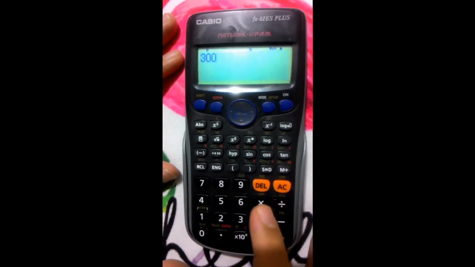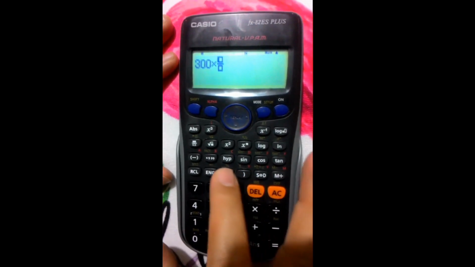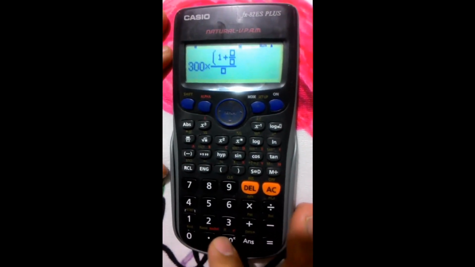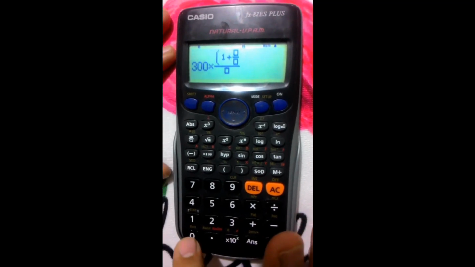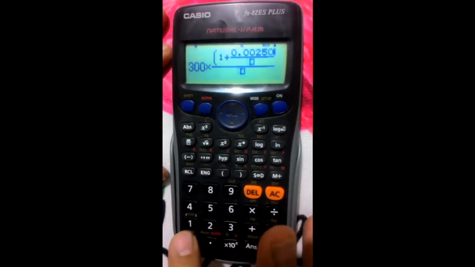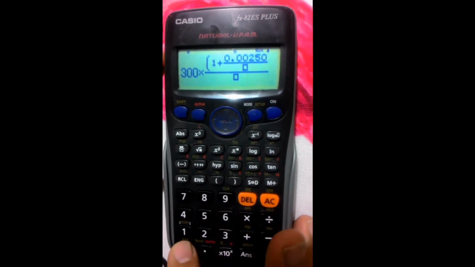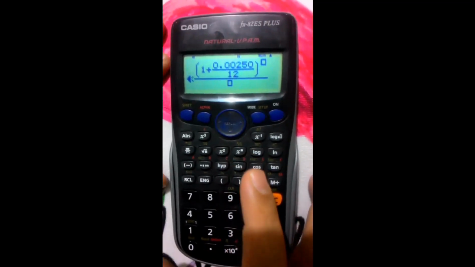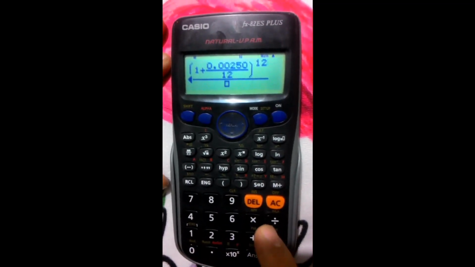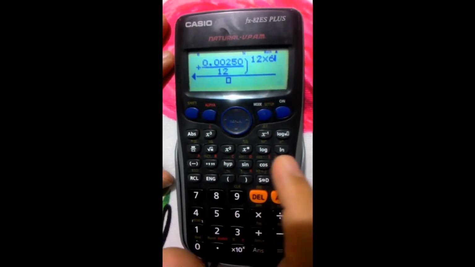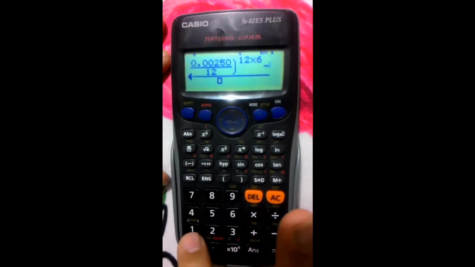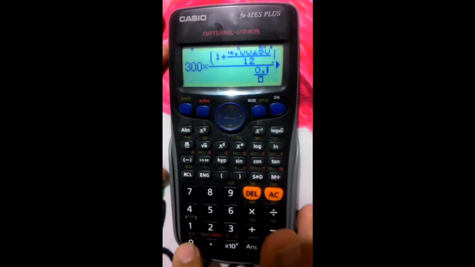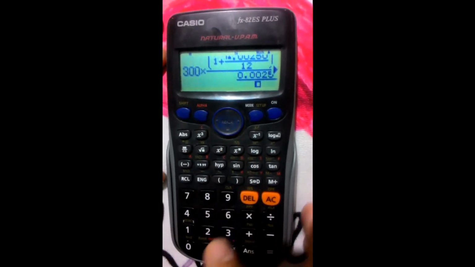Press 300 times the quotient of the quantity 1 plus the quotient of 0.25%, which is converted to decimal, that is 0.00250, divided by the conversion period, which is 12 months because that is monthly, and then close parenthesis raised to the given exponent, which is 12 multiplied by 6, the term of the savings, minus 1, and after that go to the denominator, the quotient again of 0.00250 divided by 12 months.